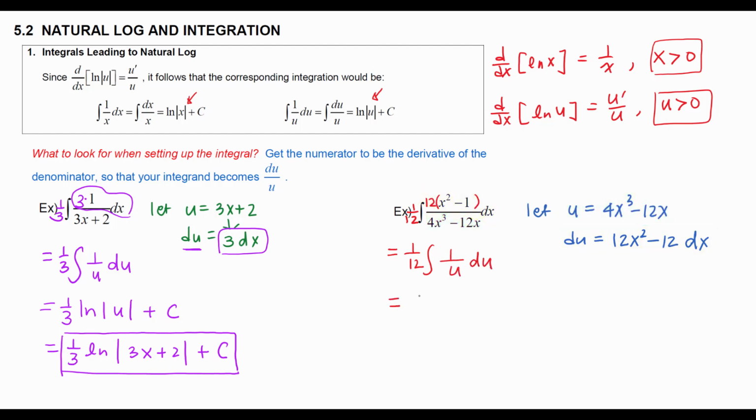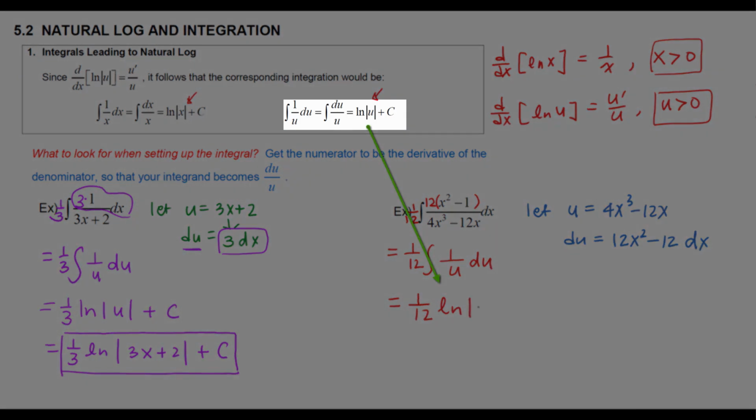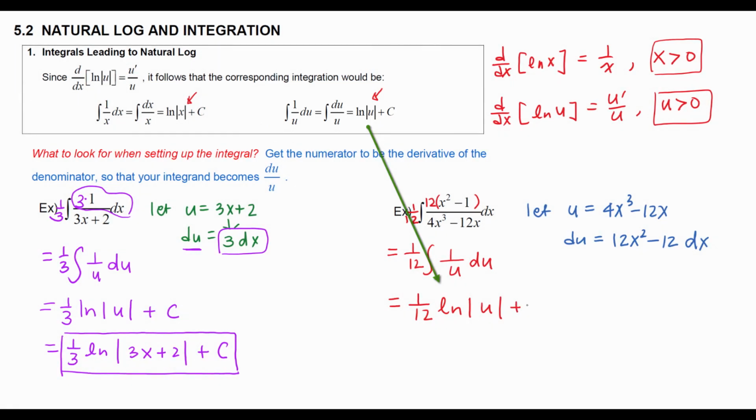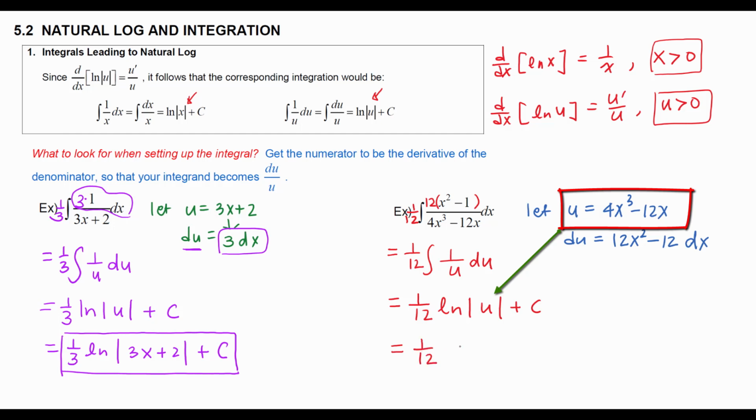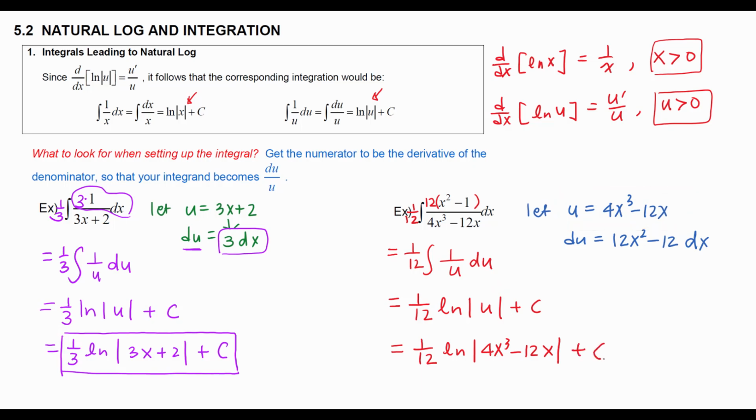So then it is equal to 1 over 12 ln absolute value of u plus c. And since u was 4x cubed minus 12x, we do back substitution. I get 1 over 12 ln absolute value of 4x cubed minus 12x plus c.